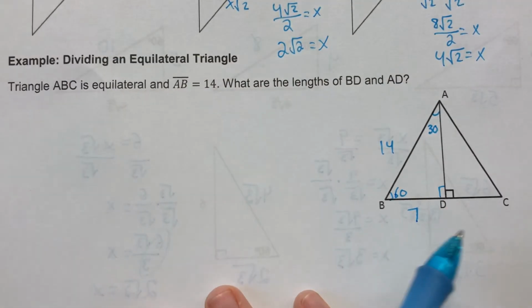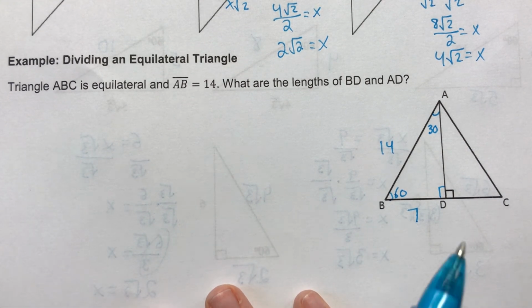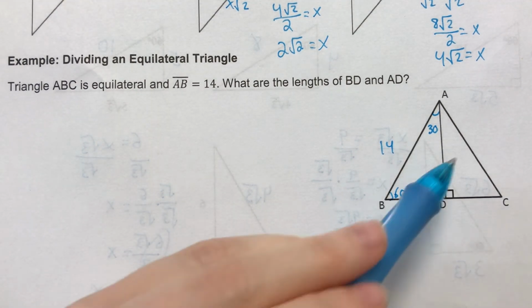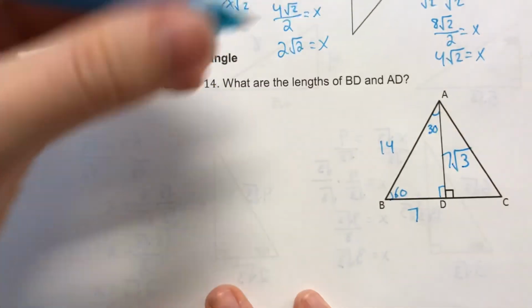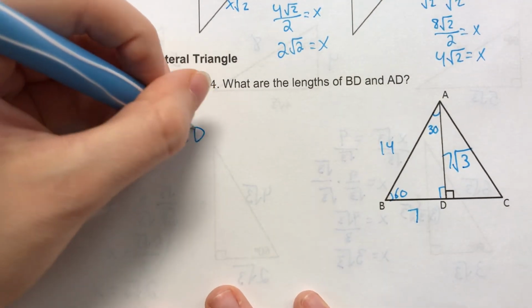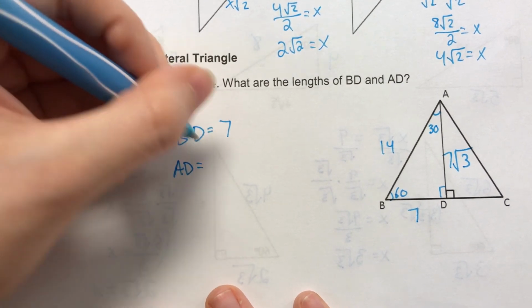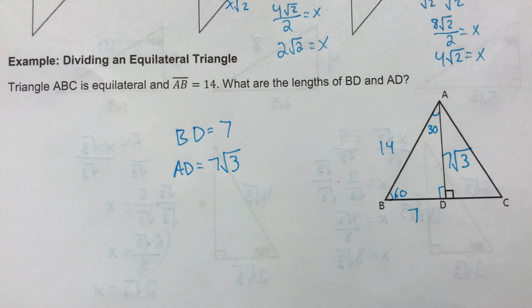That also makes sense because this whole side was 14, and you can divide that by 2 to get 7. And that means that my other leg is going to be my short leg square roots of 3, so 7 square roots of 3 there. So BD, which I was looking for, is 7, and AD, which I was looking for, is 7 square roots of 3. Right? And that's all there is to it.